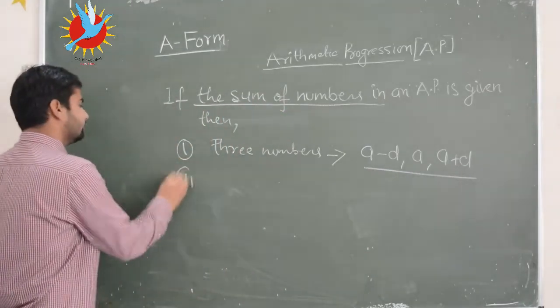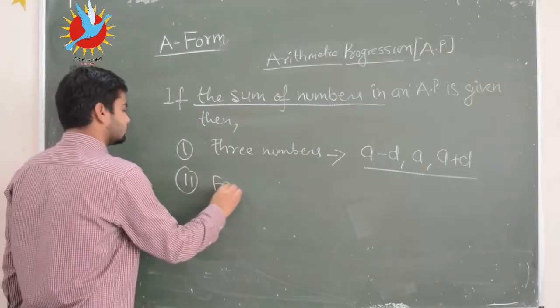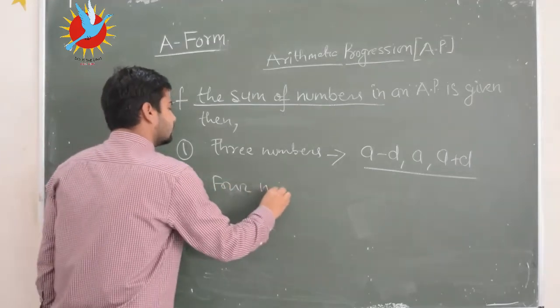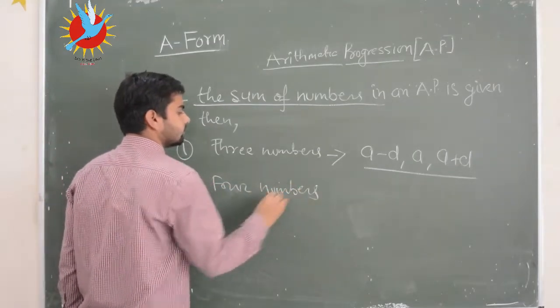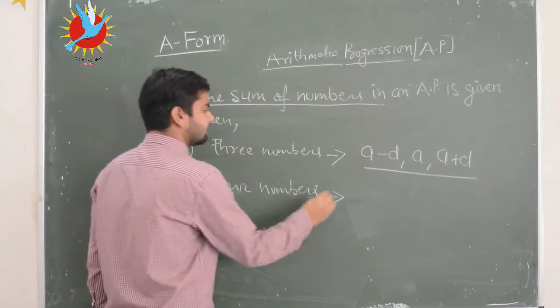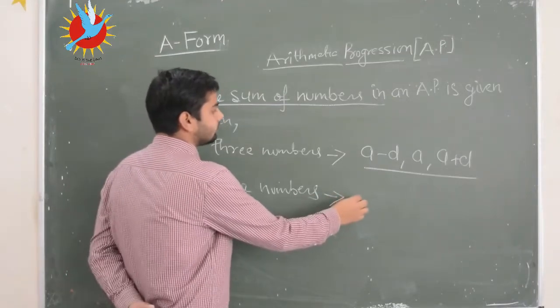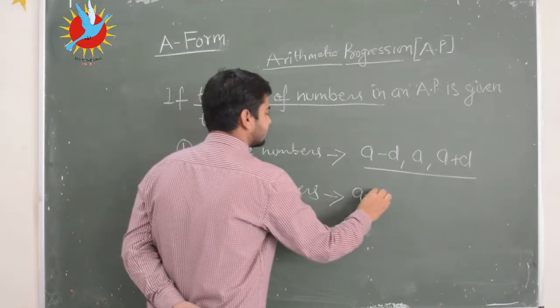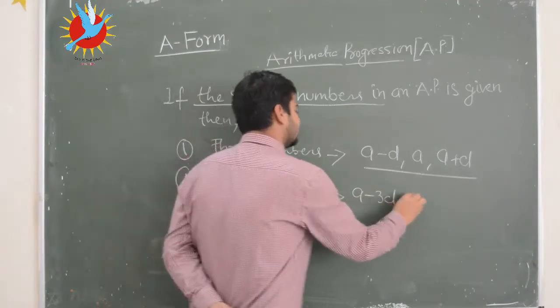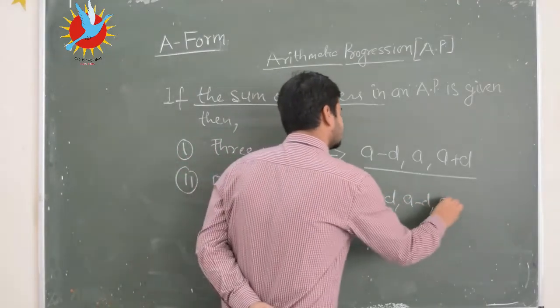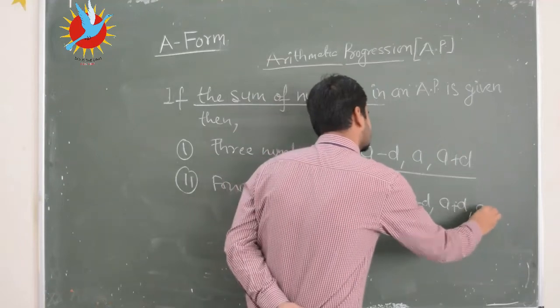If the sum of 4 numbers is given and we want to take 4 numbers, for our convenience we will take the numbers as a minus 3d, a minus d, a plus d and a plus 3d.